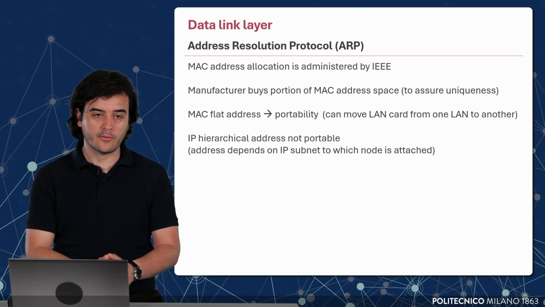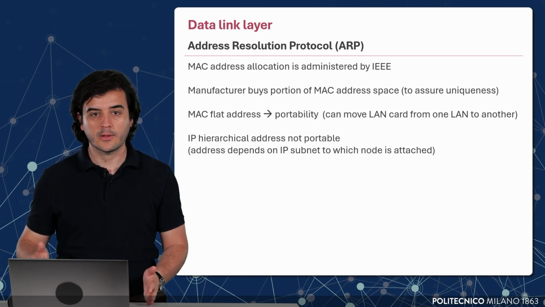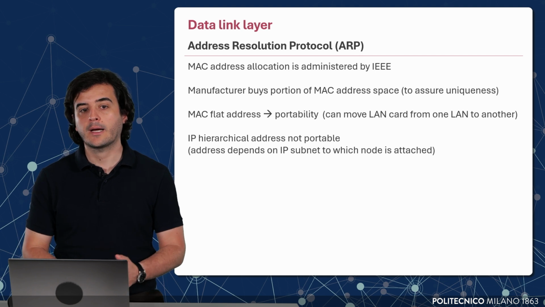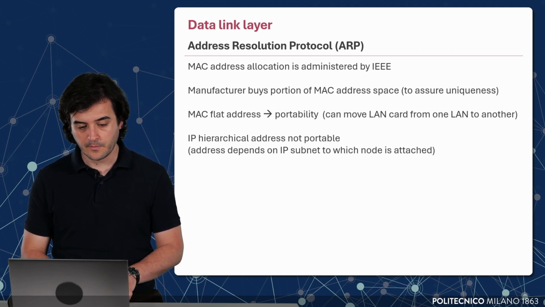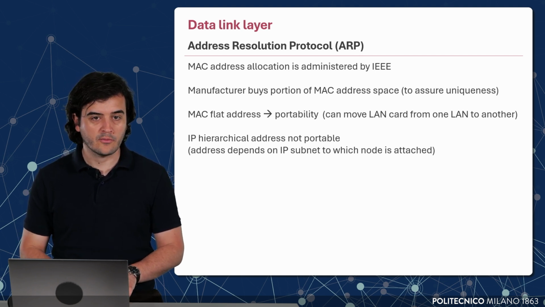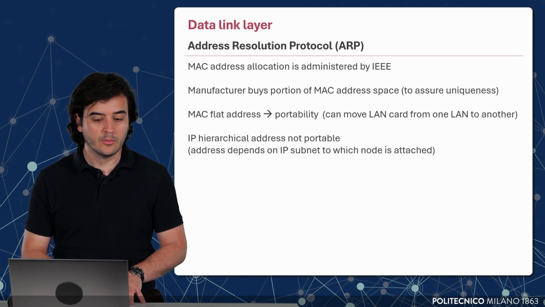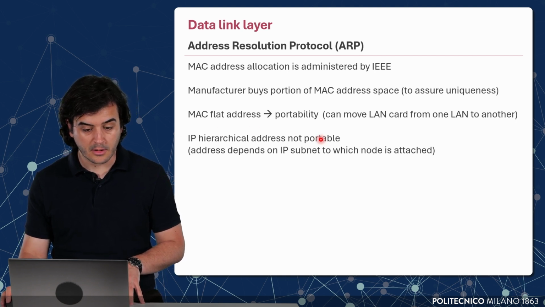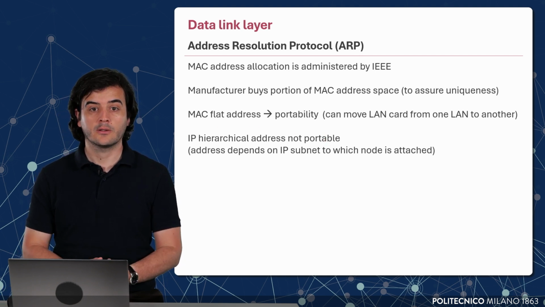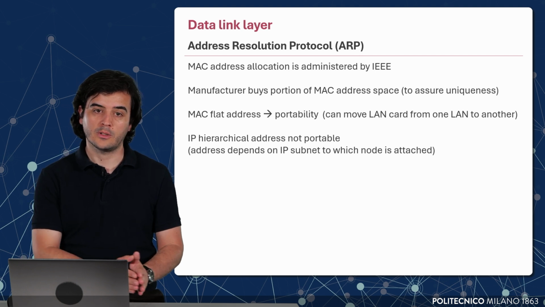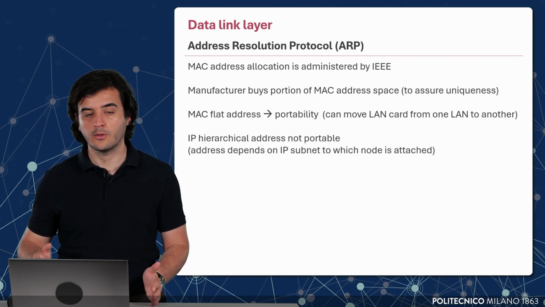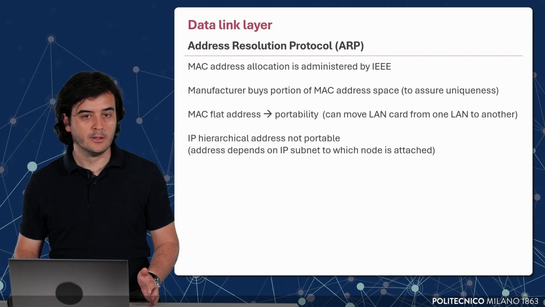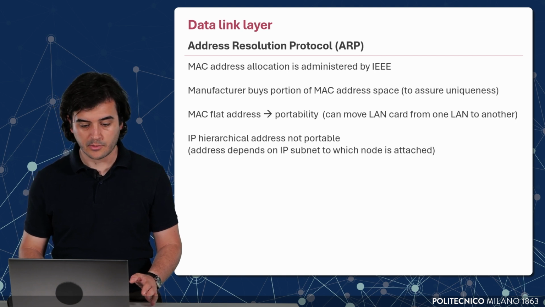So if we go from one local area network to another local area network, the MAC address would remain the same. However, the story is not the same for the IP addresses, because the IP addresses are not portable, meaning that the same equipment going from one local area network to another could be assigned a different IP address.